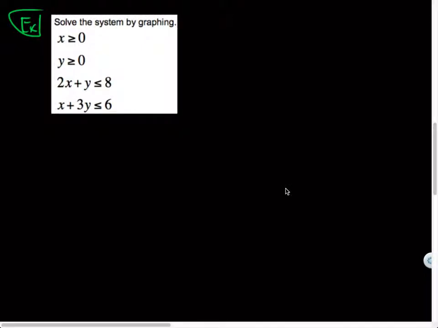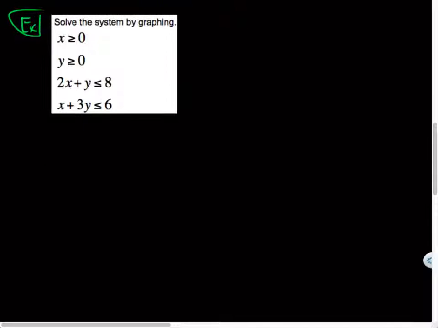I'm going to talk about graphing a system of inequalities. I've got 4 separate inequalities here. When graphing a system, I'm essentially going to graph all of the inequalities on the same coordinate plane and find out where their shaded regions overlap one another. The common shaded region between all of them is what we'll be talking about.